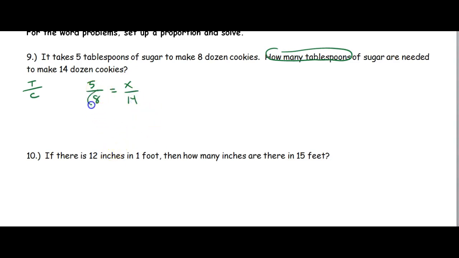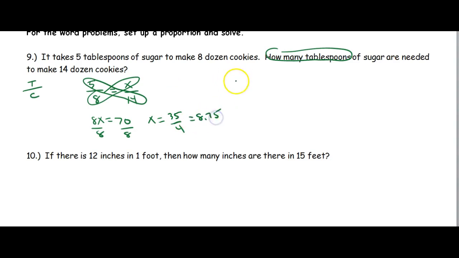So right away to solve, cross multiply, 8x equals 14 times 5, so you get 8x equals 70. And when I divide by 8, I get x is equal to 35 over 4. And if you divide this, you would get 8.75. So you would need 8.75 teaspoons of sugar to make 14 dozens of cookies.